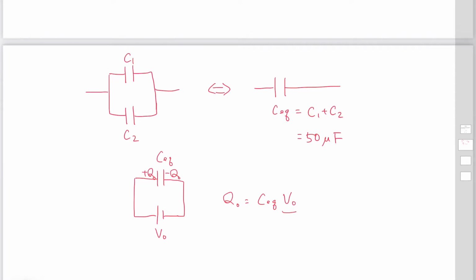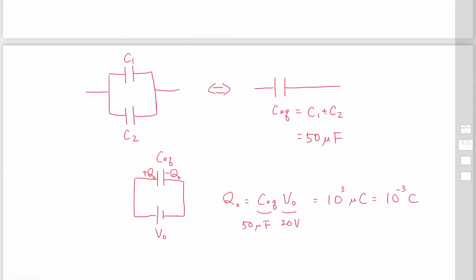V sub 0 is 20 volts, and the equivalent capacitance is 50 microfarad. So it becomes 1000 microcoulomb, which is 10 to the minus 3 coulomb. This is the amount of charge stored in the capacitors.